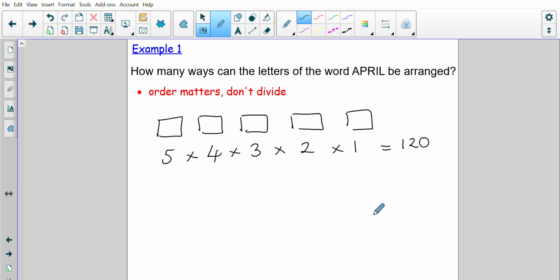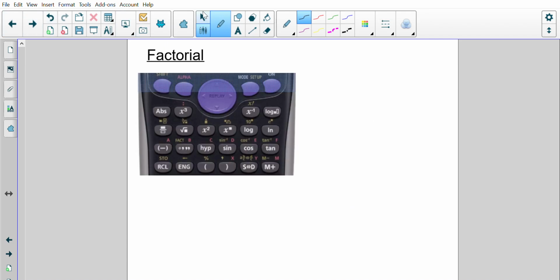Now, I'm just going to introduce you to a function on your calculator that will do this calculation for you, and it's called the factorial function, and we would write it as 5 factorial, which will give us 120. So let's have a look at your calculator. The factorial function is here, it's the x with the exclamation mark, which is just above the x to the minus 1 button.